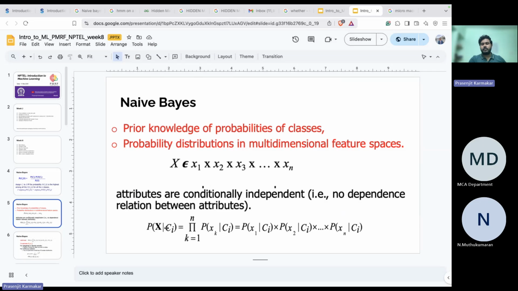So the input feature vector is basically comprised of values from multiple features, so we can represent it by this multiplication operation. Why? Because it is an assumption of the naive Bayes theorem that my feature components are independent of each other given my class, right? So I can do this.